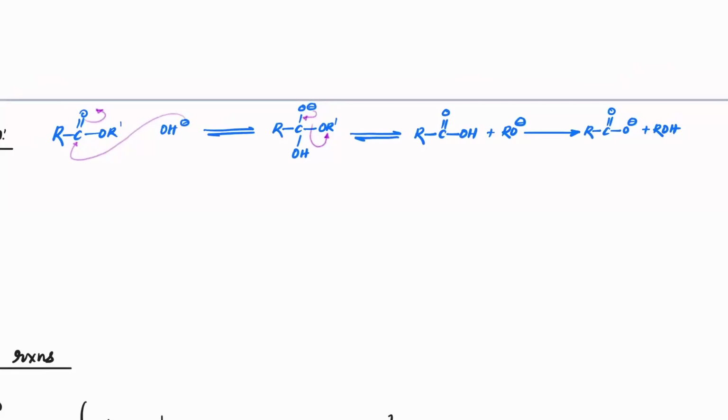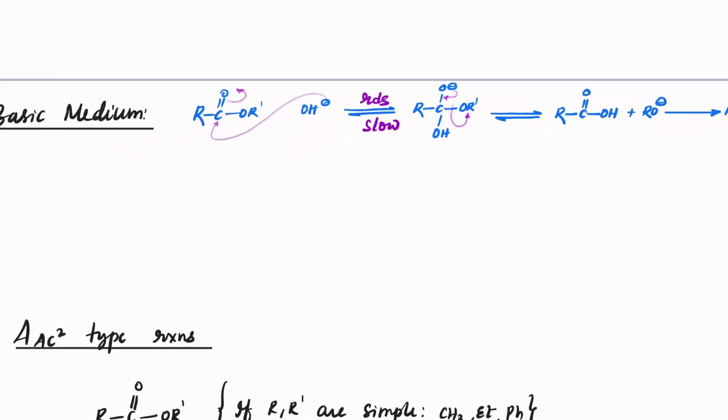Now, in this case, again you need to check what is the slow process. The OH minus, which is present here, is the rate determining step or slow step here. So you can see in the slow step what is involved.